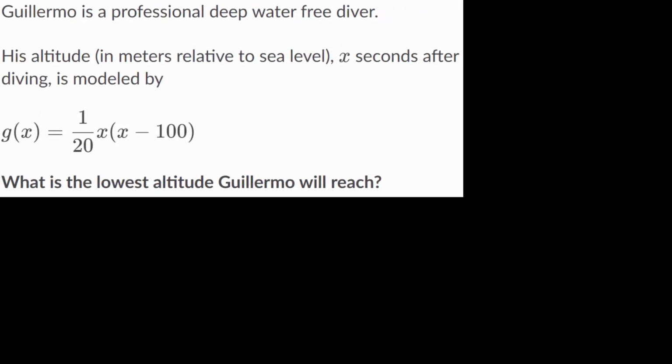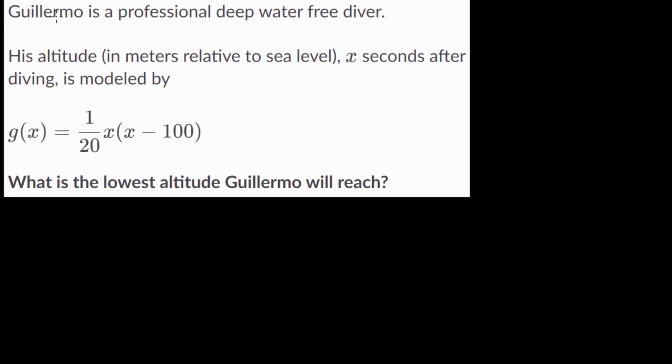And we want to get a visual of what's actually happening here. We're told that Guillermo is a professional deep water free diver, and we're told about his altitude relative to sea level, and we're told about his time, x seconds after diving, and all of this is modeled by this equation here, which you might notice if you actually distribute and multiply this out, you get x squared over 20 minus 5x.